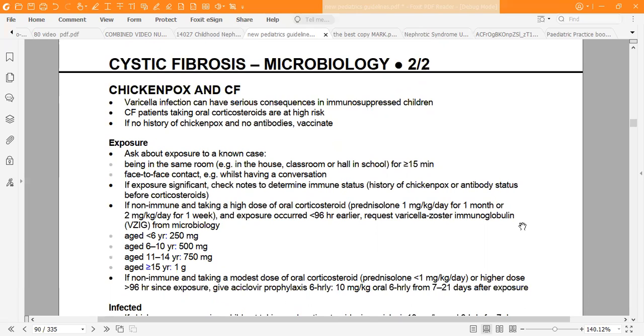Varicella infection can have serious consequences in immunocompromised children. CF patients taking oral corticosteroids are at high risk of catching infection. If there is no history of chickenpox and no antibodies, they have to be vaccinated.